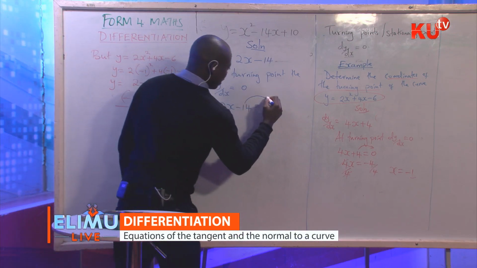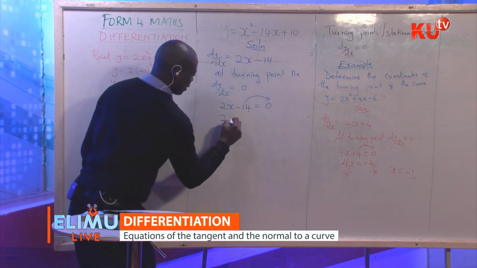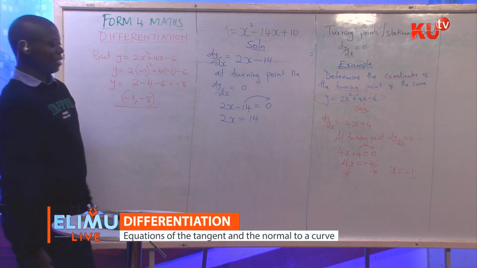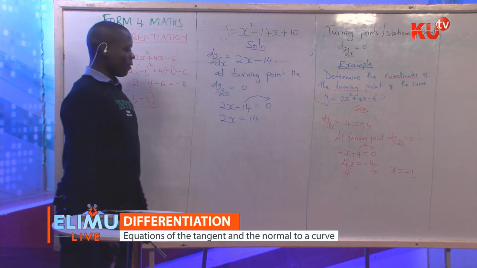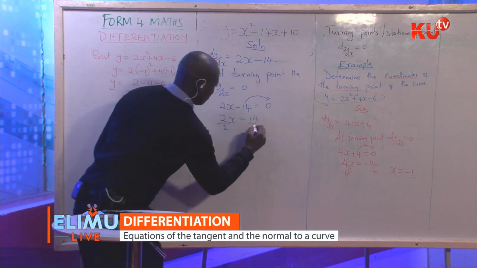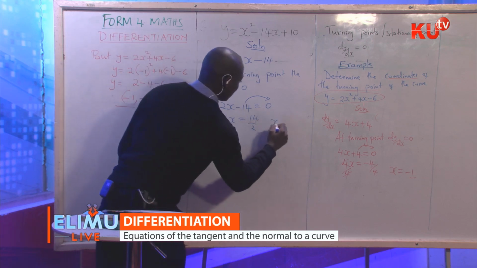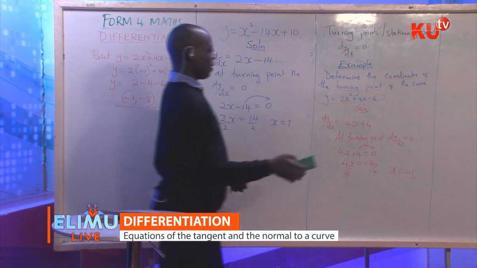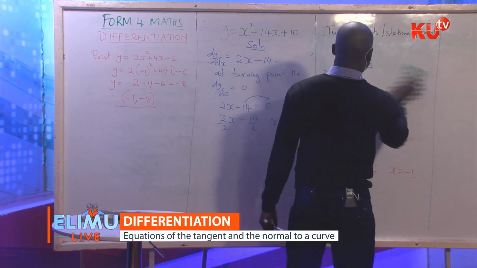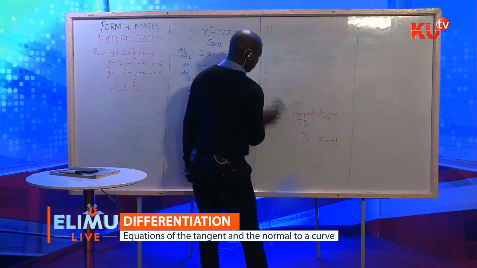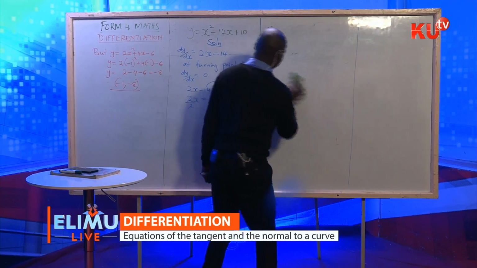Take negative 14 to the right side, students. We'll have 2x is equals to 14. So how do you get x? Good, divide by 2. So x is equals to 7. And now we get the value for y at the point x is equals to 7.